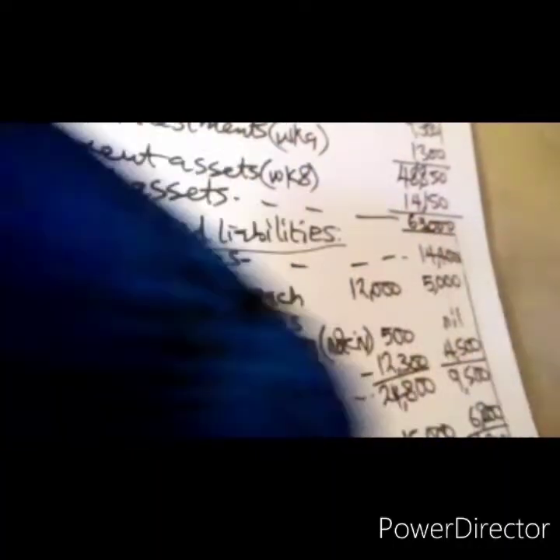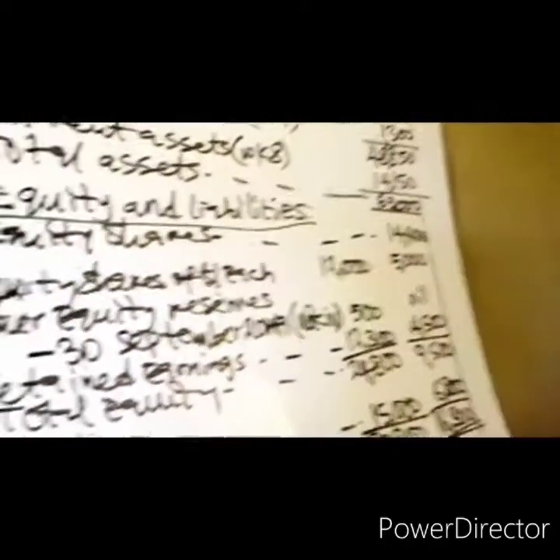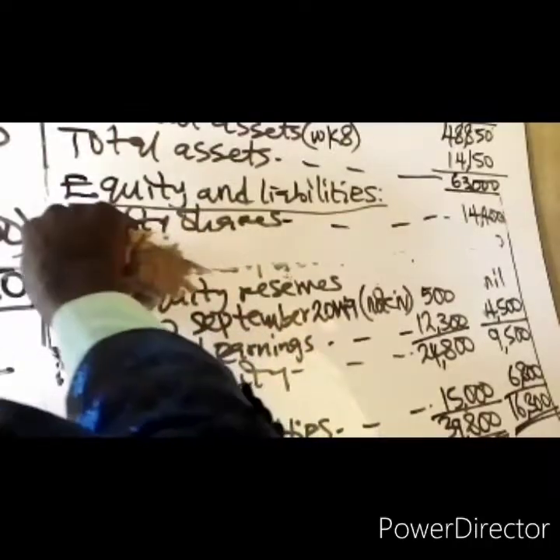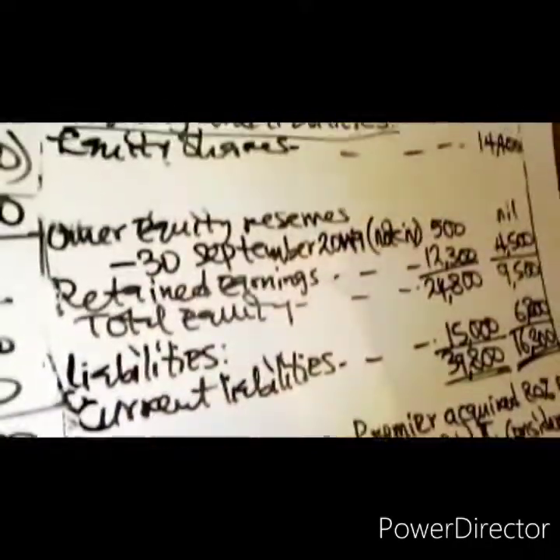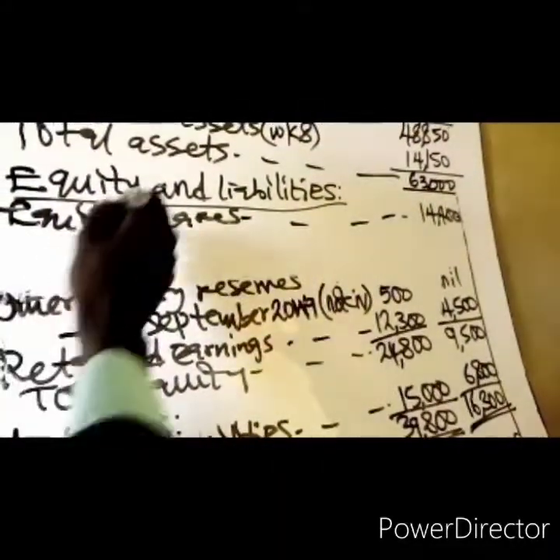After equity share, the next item should be share premium. There is no existing share premium in the consolidated statement of financial position.